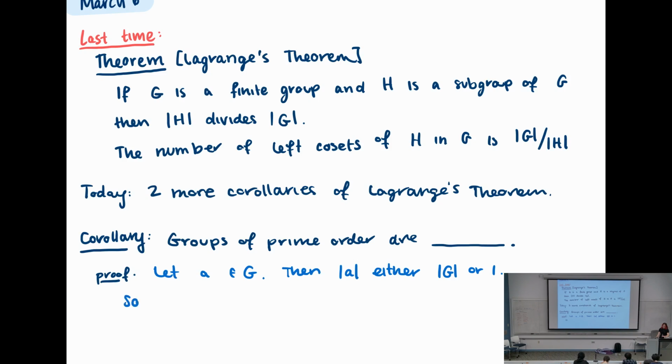So if a is not equal to the identity, then the order of a is equal to the order of G. That means that the subgroup generated by a is equal to the entire group G. So G is cyclic.